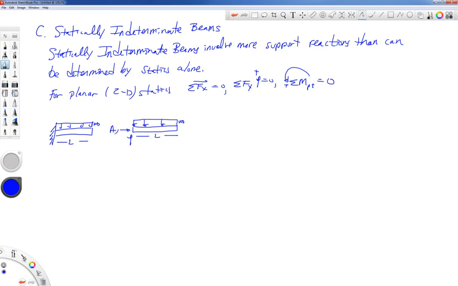It's often convenient to put them horizontal and vertical, and a moment at the wall. Let's say the wall is point A, so we would have this. In the free body diagram that I just drew, we have three unknowns and three equations. So this is determinate.